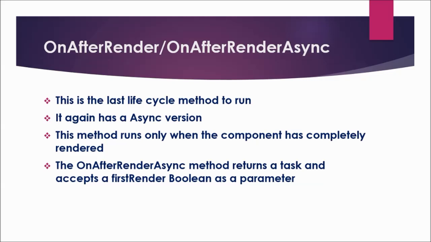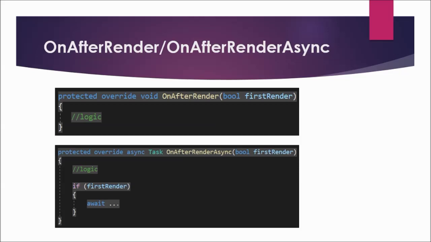So in such instances you can check whether it is the first render of a component and then perform logic based on that. This is the signature of OnAfterRender and OnAfterRenderAsync methods. If you see, OnAfterRenderAsync accepts a boolean firstRender and it returns a task.